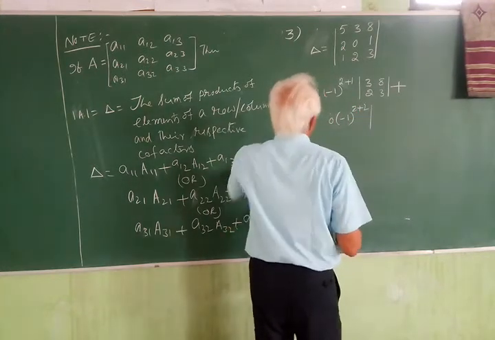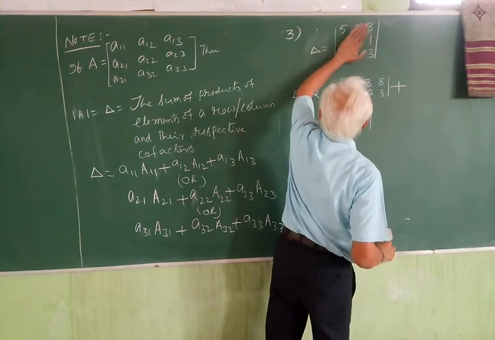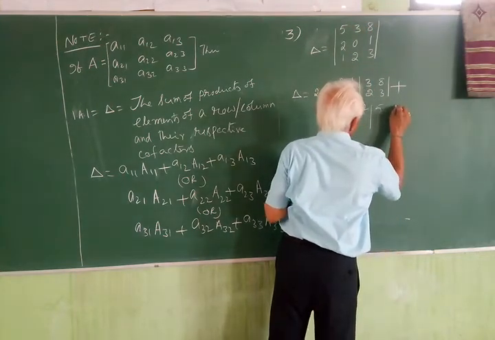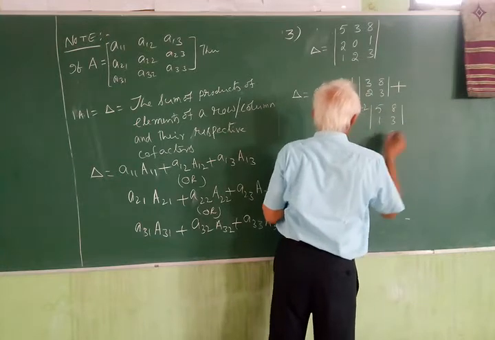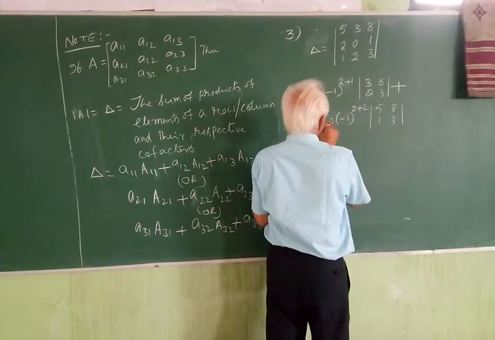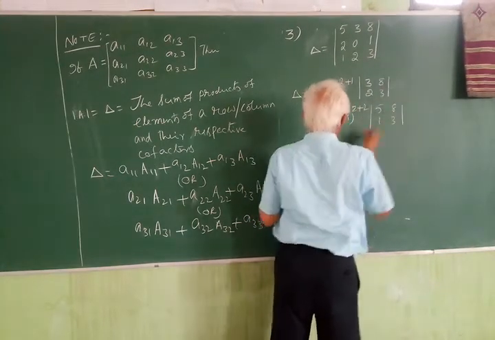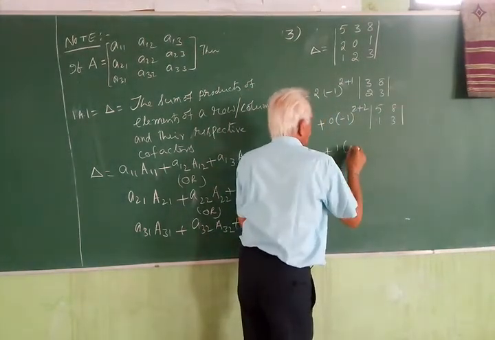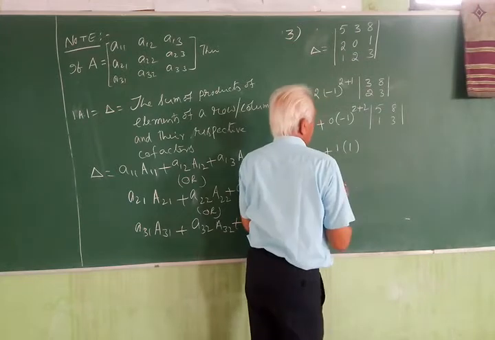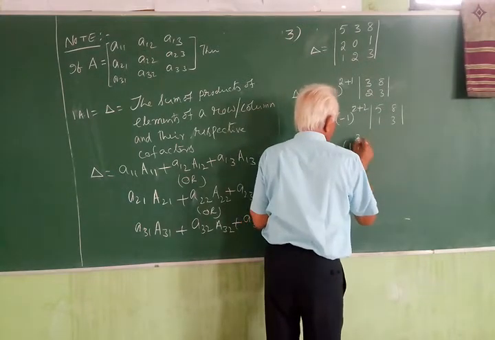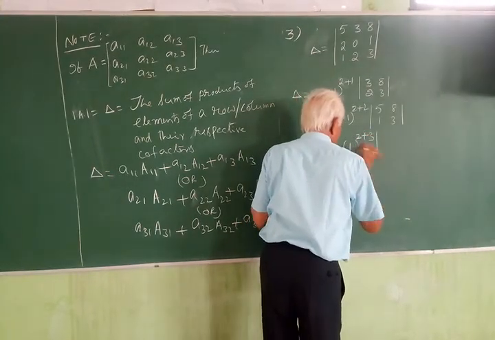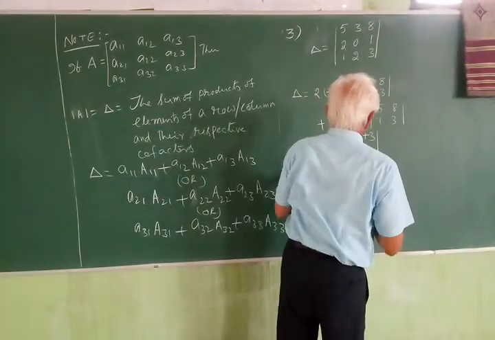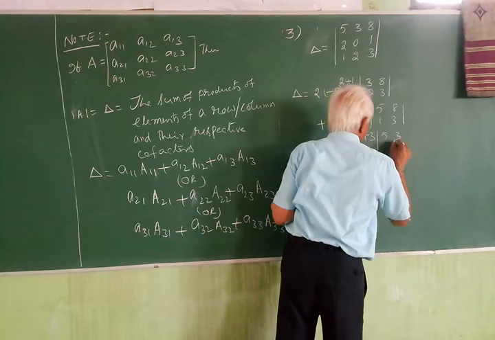2. Eliminating this row and this column, 5, 8, 1, 3, plus the third element 1 into minus 1 power of second row, third column, eliminating this row and this column, 5, 3, 1, 2.